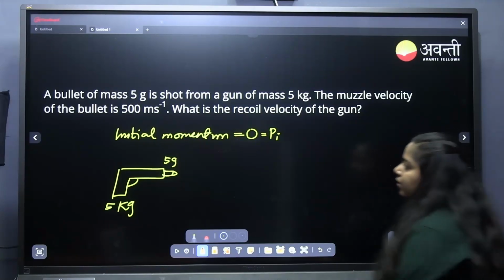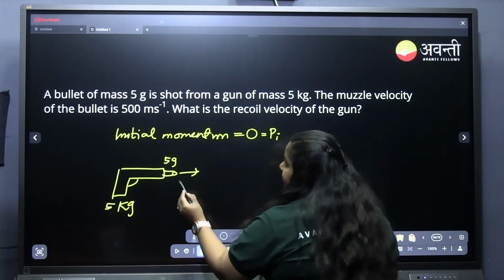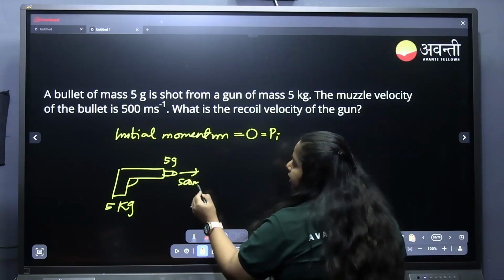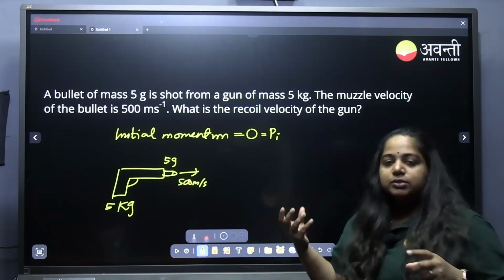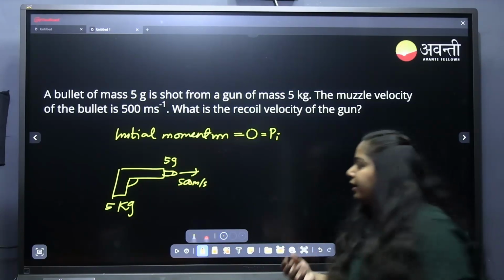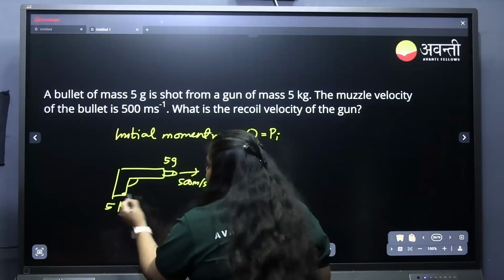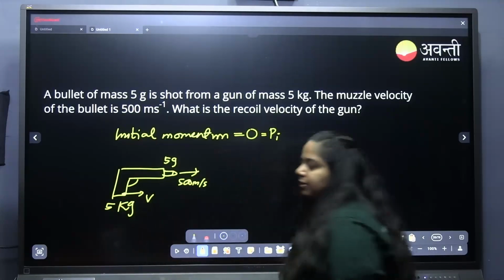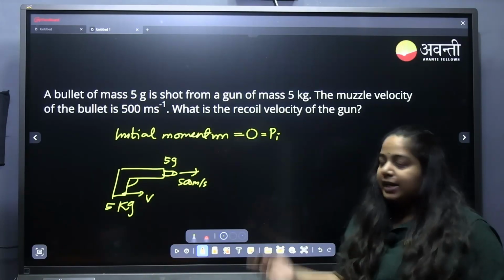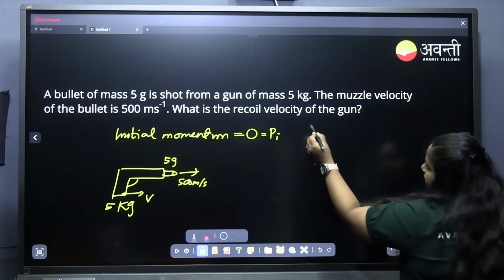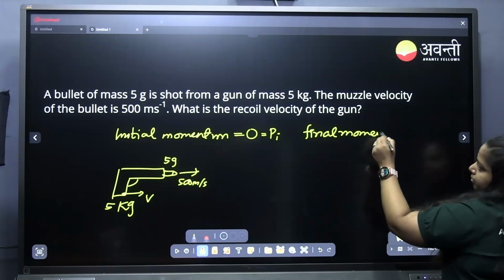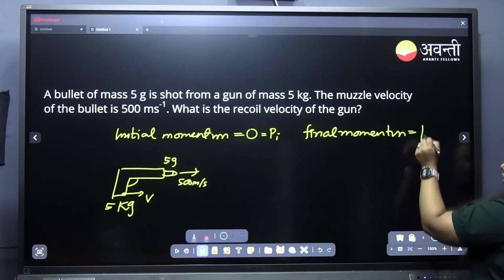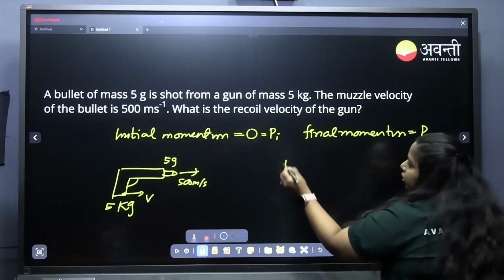Now when it is fired, the bullet has 500 meter per second velocity. So bullet is moving forward. Let's assume that the gun has some velocity v in this direction. So final momentum, PF, should be what?